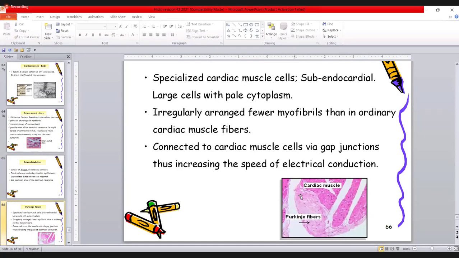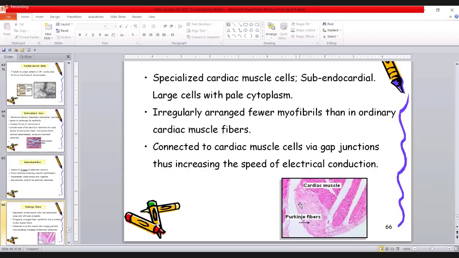Okay. What unique features are there in cardiac muscles other than that? They are branched. Yes. What are these cells? Purkinje fibers. So you have to write that as well. What are Purkinje cells, and where are they located? Specialized cardiac muscle cells. They are in subendocardial locations, so they lie beneath the endocardium. They are large cells and have paler cytoplasm compared to the cardiac muscle cells.